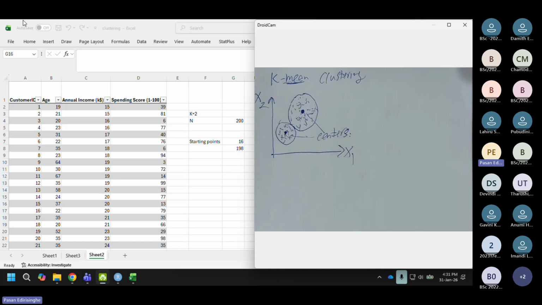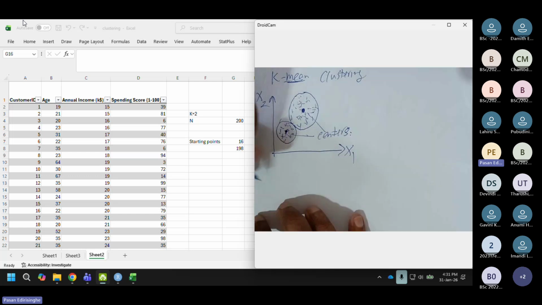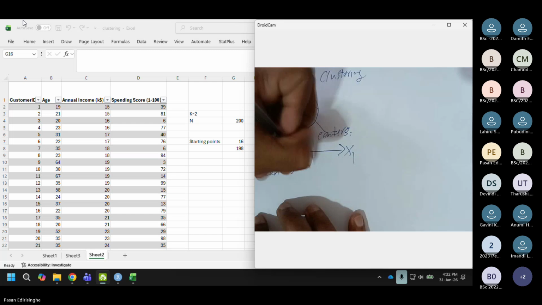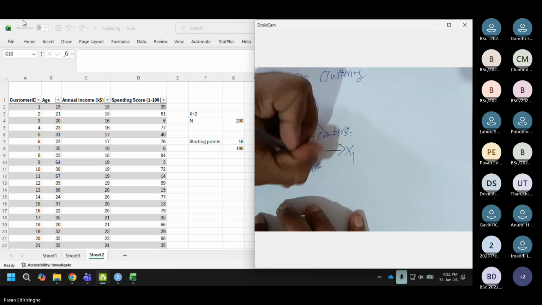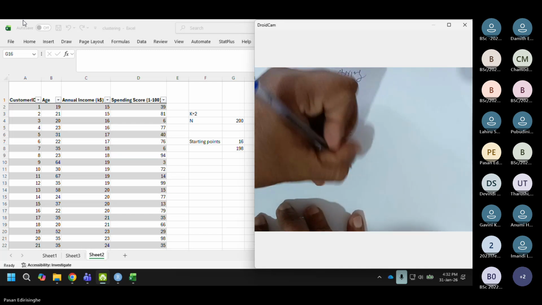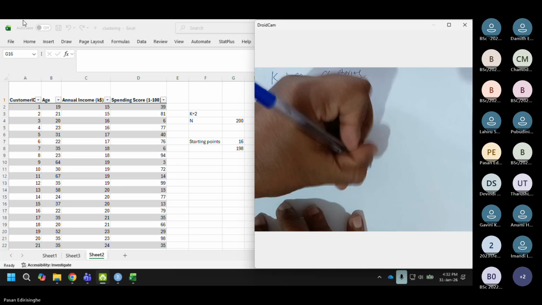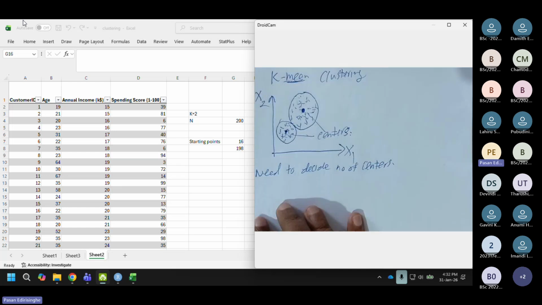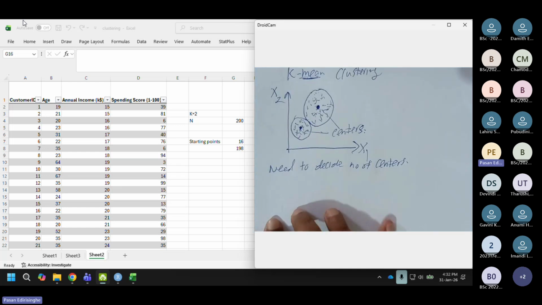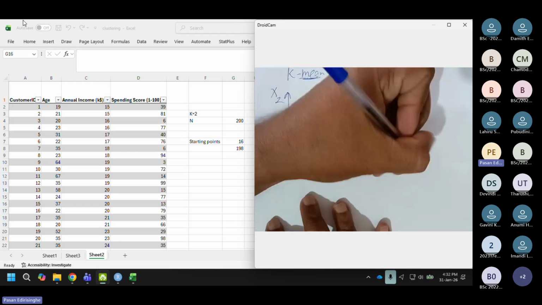That number we have to decide initially, and then after you decide that number, for this example, we decide the value for k, right?